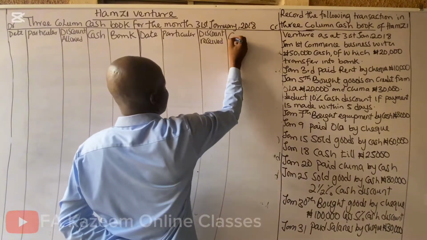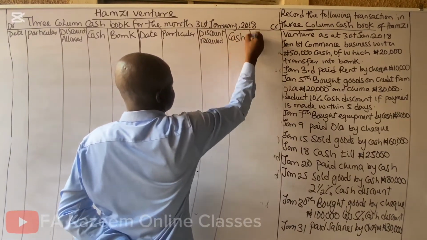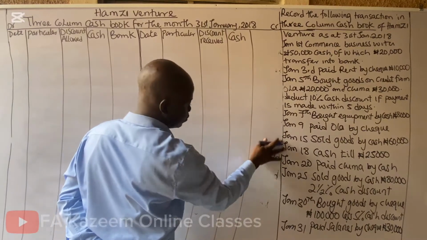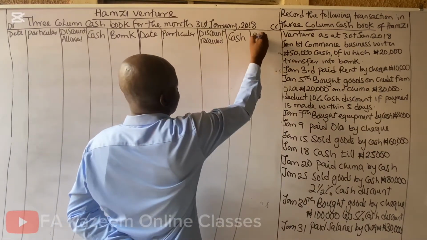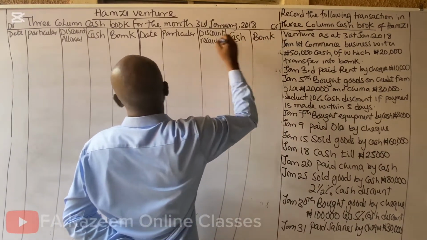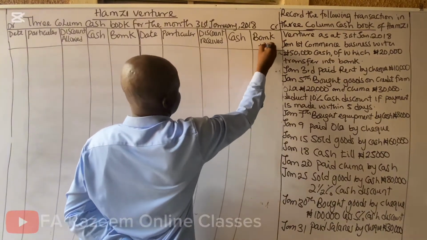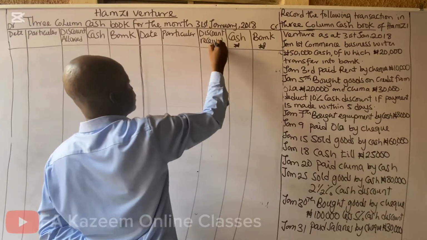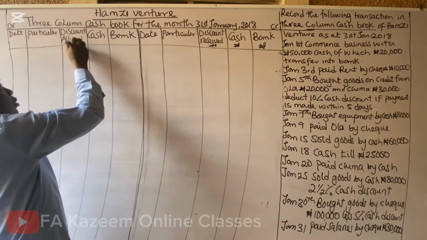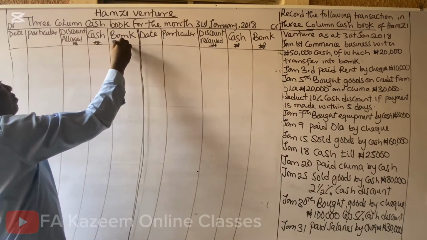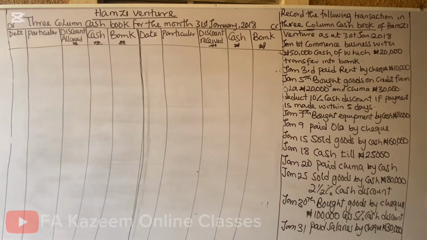It has column for cash. At the same time, it has column for bank. We'll put the Naira sign. Now, this is the format of a three column cash book.